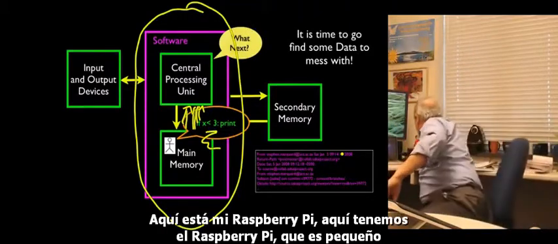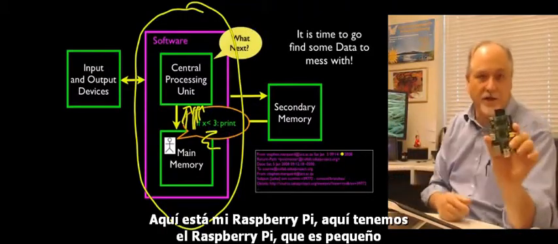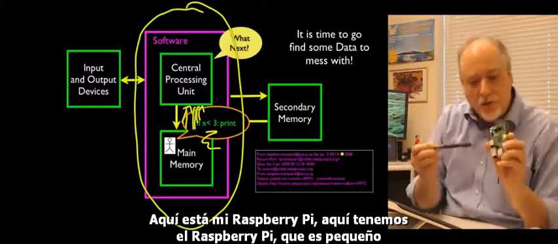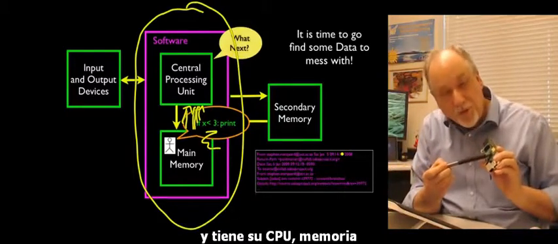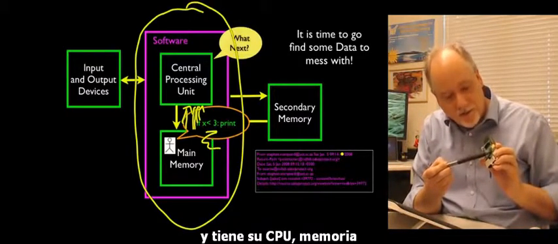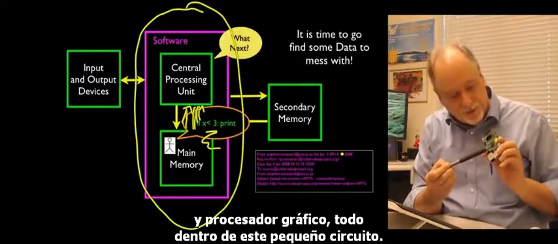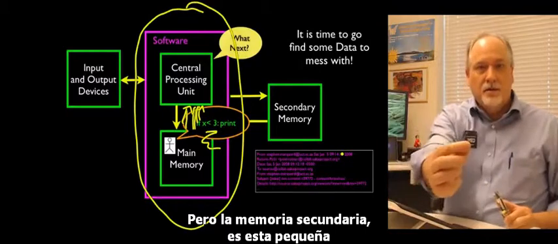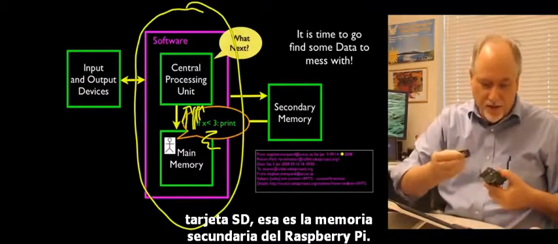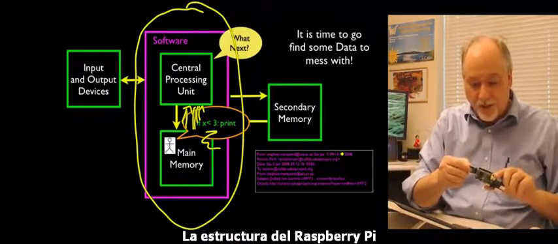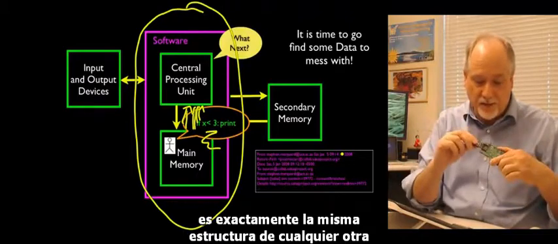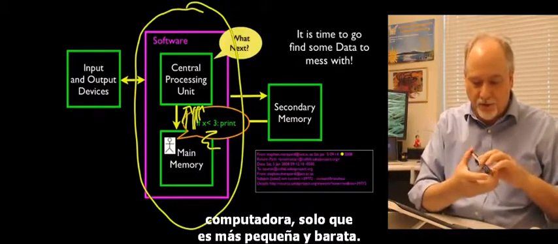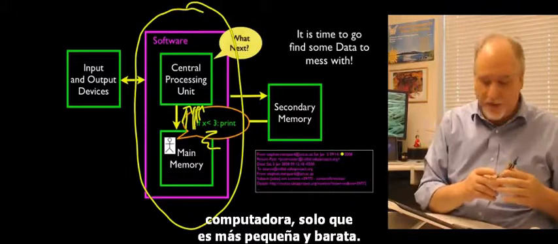Here we got the Raspberry Pi, which is the small version, which of course has a CPU, memory, and graphics processor all on this little chip right here. But the secondary memory is this little SD card. So the structure of the Raspberry Pi is exactly the same as the structure of any other personal computer. It's just smaller and less expensive.